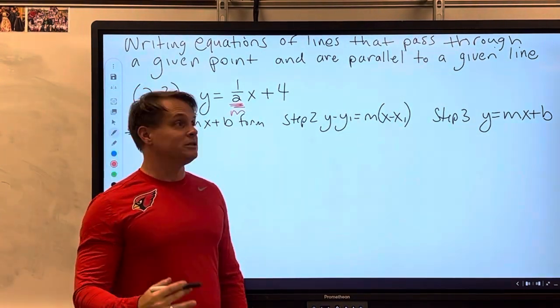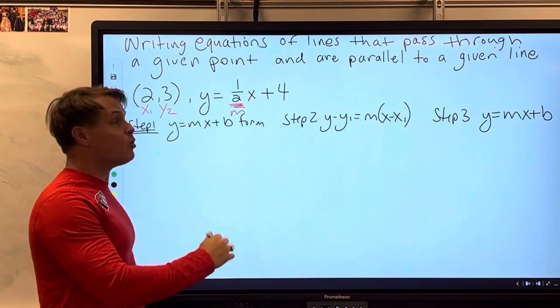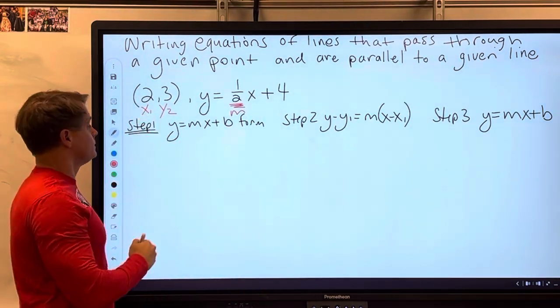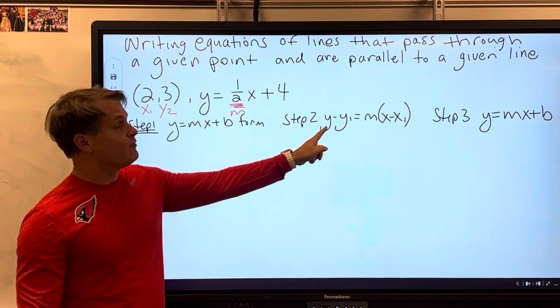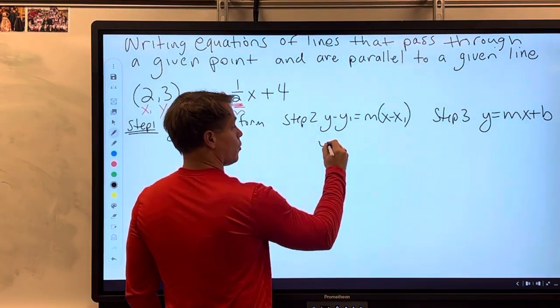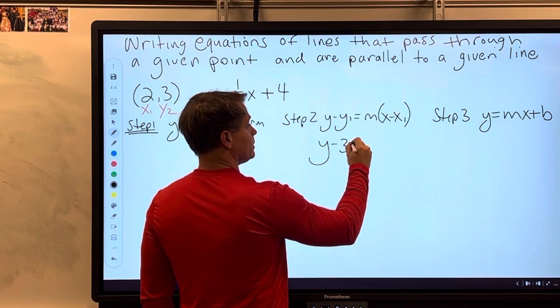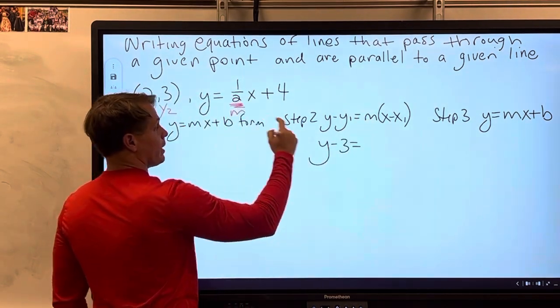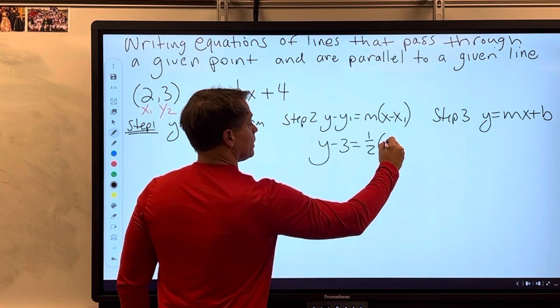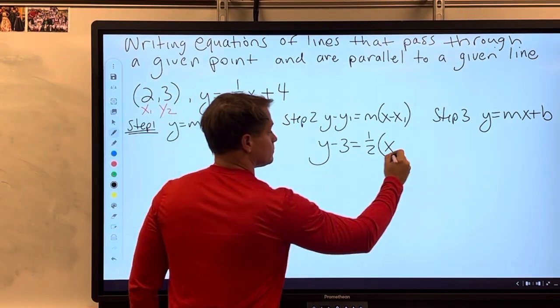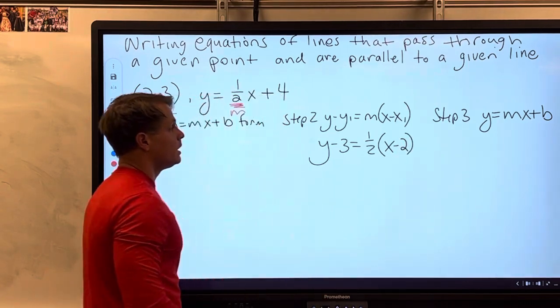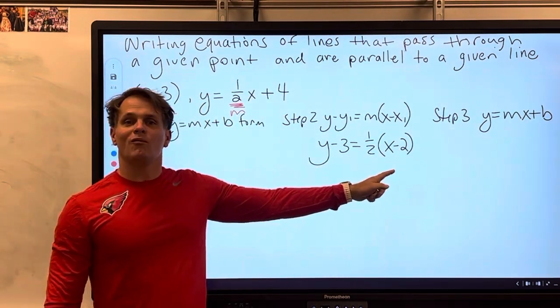Our new equation that's parallel to this one is going to go through this point. So I want to put 3 in for y1. So y minus 3 equals, the slope is 1/2, x minus 2. Now it's in point slope form.